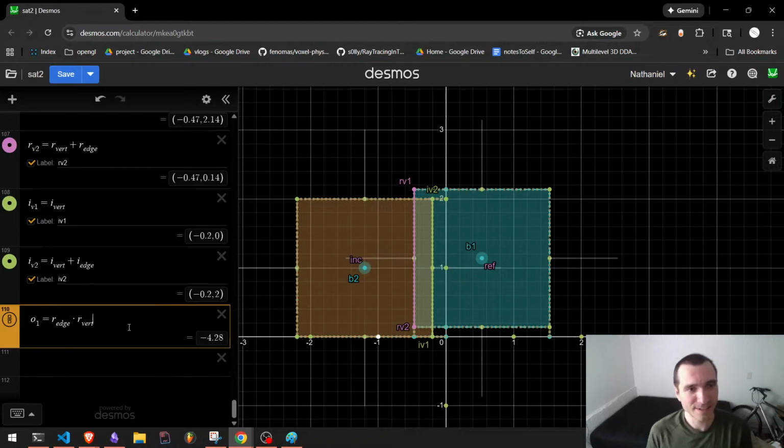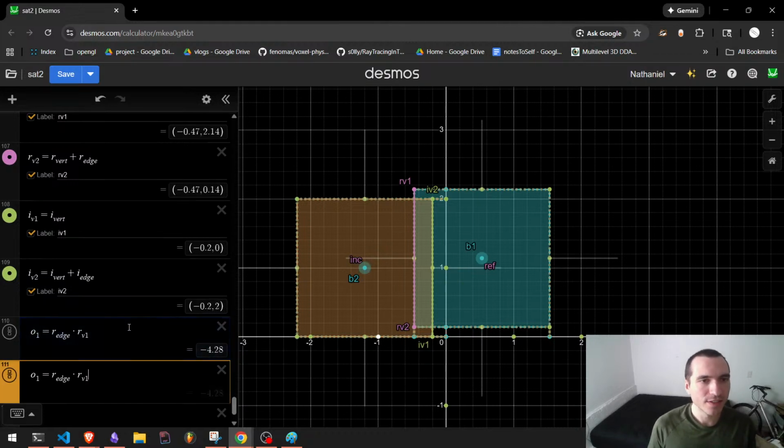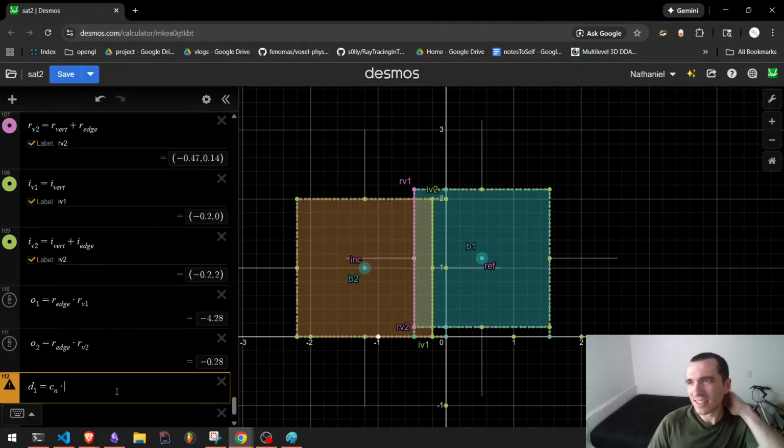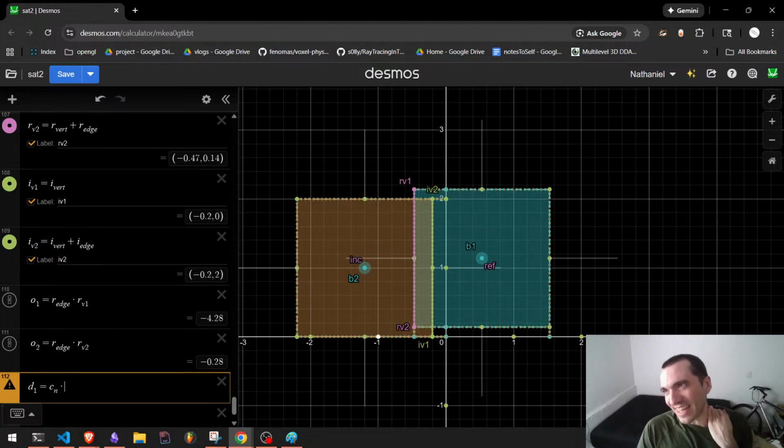So we're going to do O1, and then that'll be RV1. O2 will be RV2, I think. Yes. And now we are going to get the distances along the axes. And we can do that with dotting, like distance 1 equals the dot product between the collision normal. I think it's the collision normal, or is it the edge? I think I have this wrong. It'll be the edge.